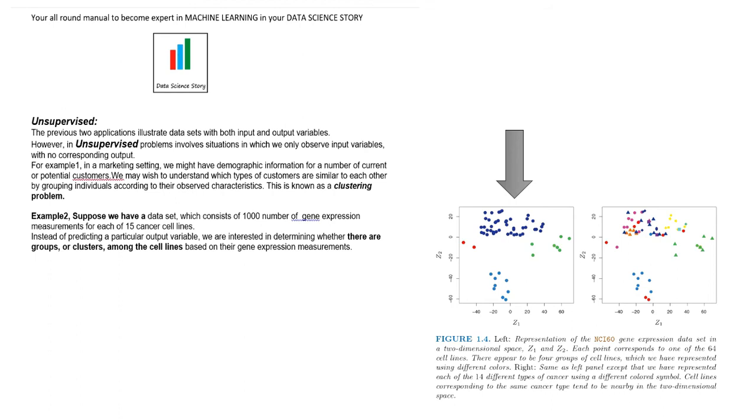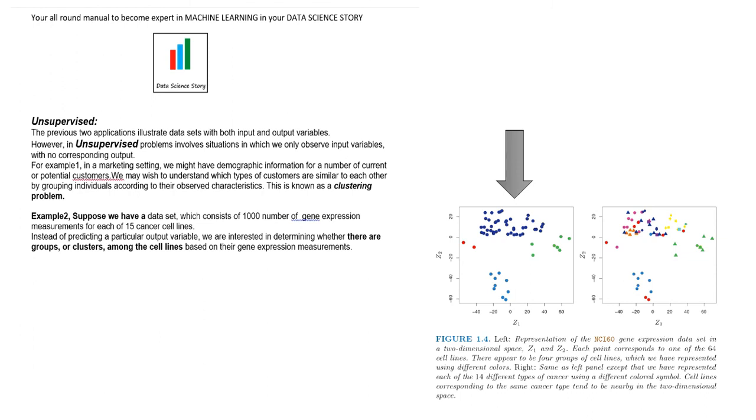In another example, suppose you have gene expression data, and in that data you have the gene expression of a number of cells. By analyzing those gene expressions you want to cluster those cells into a number of different clusters. This is also called a clustering problem.